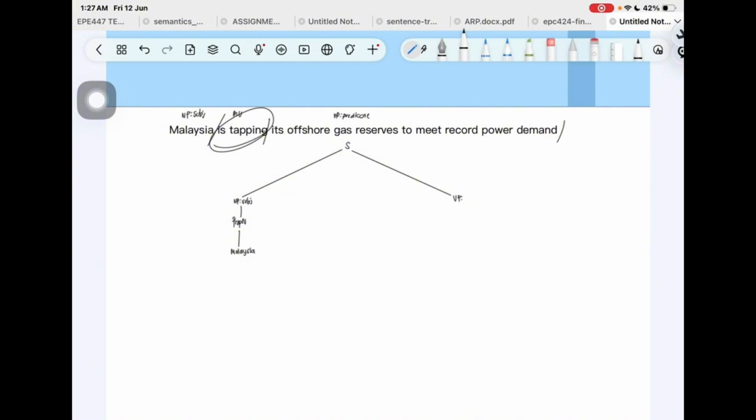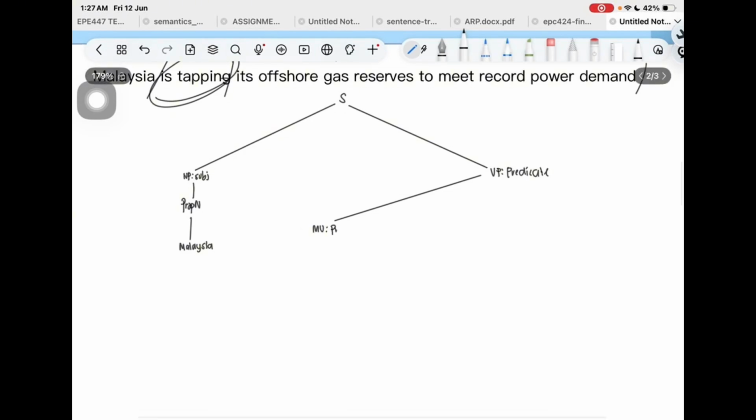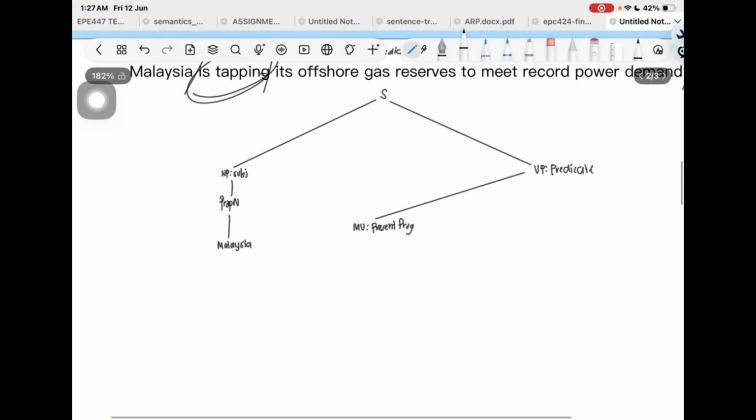Verb predicate, and here is main verb, present progressive, and then here we're going to have two branches.